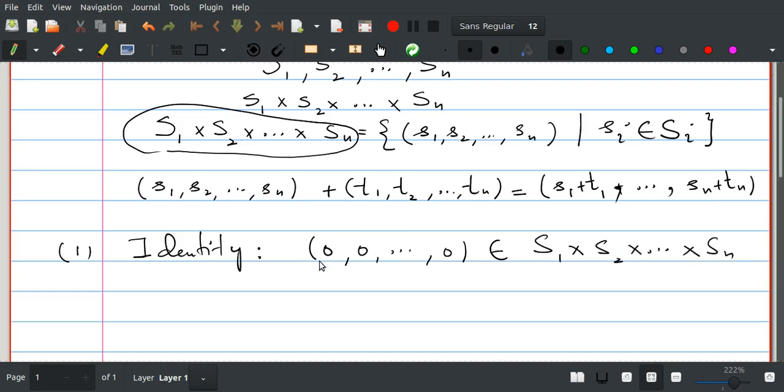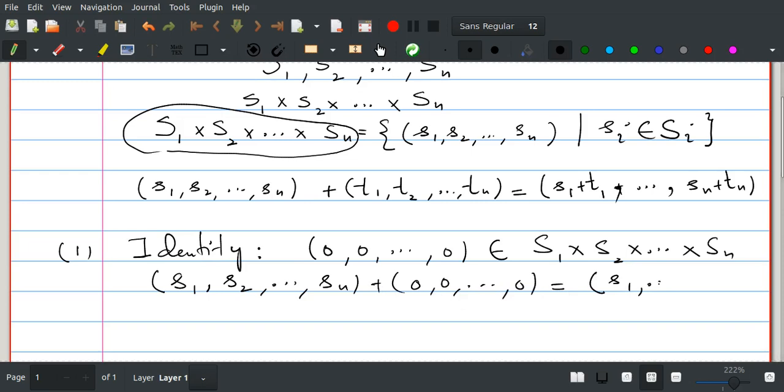So this serves as an identity element, since little s1, little s2 and so on, little sn plus this 0, 0, 0 is the same as little s1 so on little sn, and this is the same as 0 so on 0 plus little s1 so on little sn.